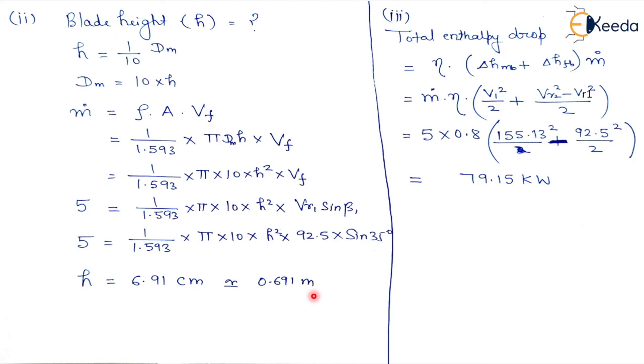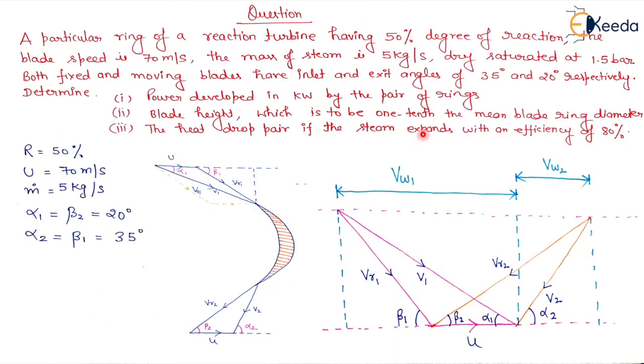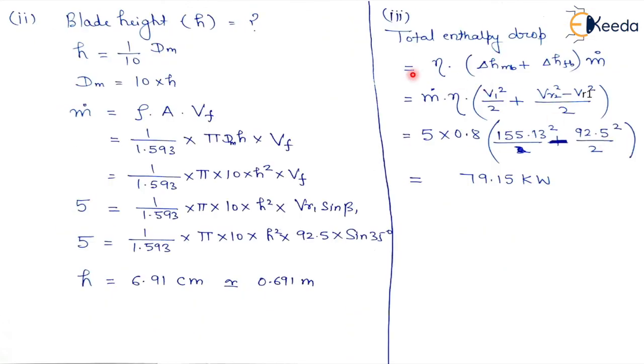Okay. Now let's see what is the total enthalpy drop. In the question it is given the steam expands with an efficiency of 80%. That means nozzle efficiency is given 80%. So in this case, total enthalpy drop will be mass flow rate into efficiency into total enthalpy drop. So mass flow rate into efficiency into V1 square by 2.